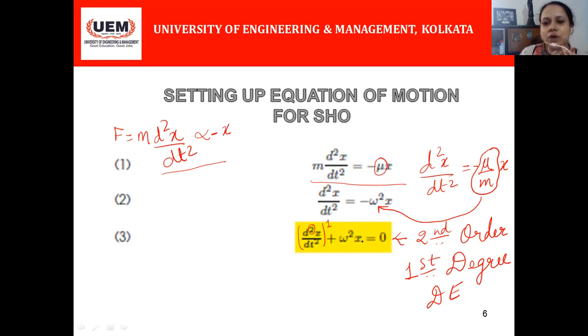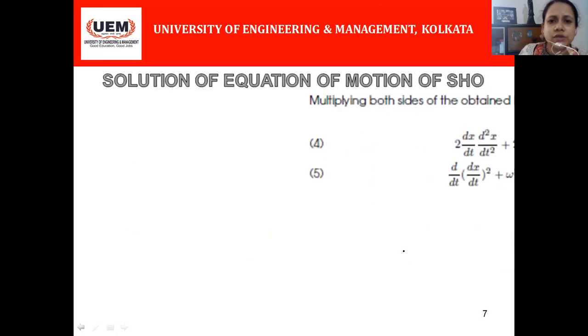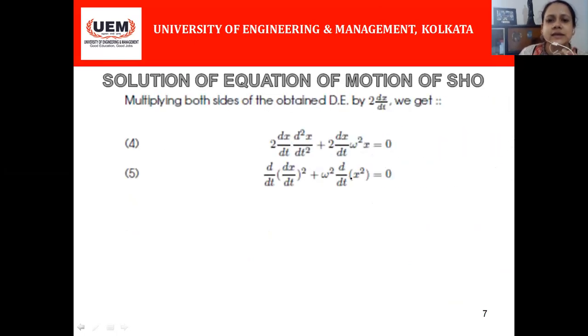And let's see what we get by doing so. We get this simple equation, equation 4: 2 dx dt into d2x dt2 plus 2 dx dt into omega square x is equal to 0.